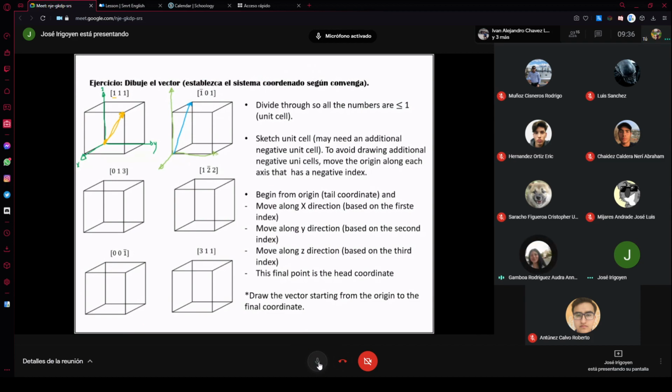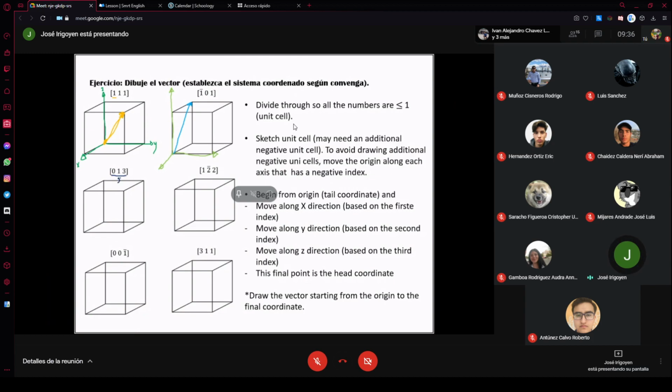I have a question. Tell me. With the number 3, what are we going to do? Let's check. Divide through, it's the same instruction. Practically, the thing that you're going to do is divide these by 3.